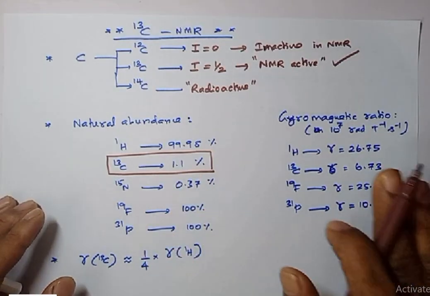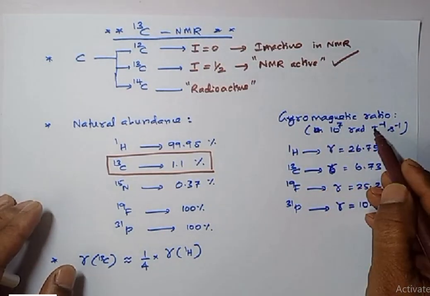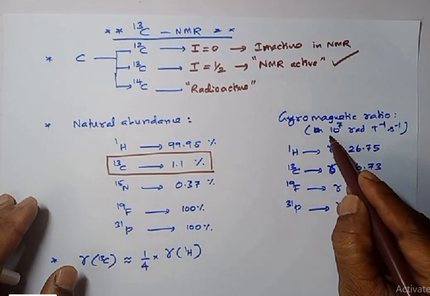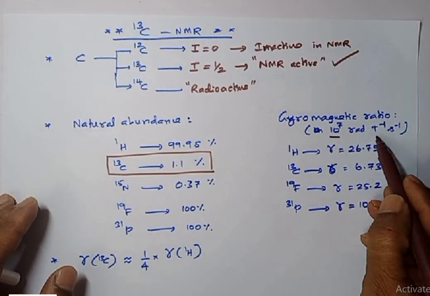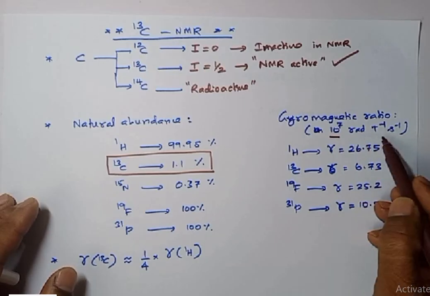Then another very important piece of information: the gyromagnetic ratio. I have given the value in 10 power 7 radians per Tesla per second, which is the unit of gyromagnetic ratio.